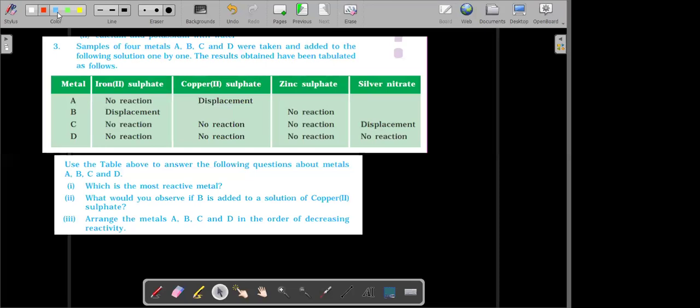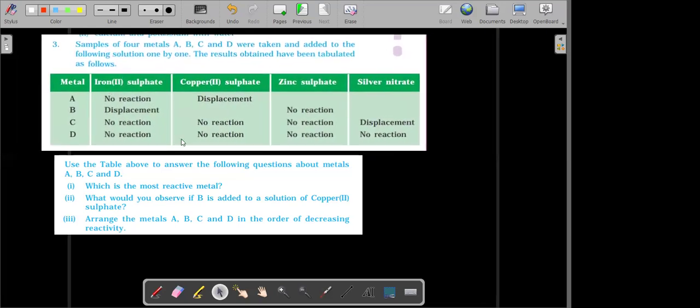Like if I find out for iron, zinc is the most reactive. Then you have iron at the second position, copper at the third position, and silver at the fourth position.